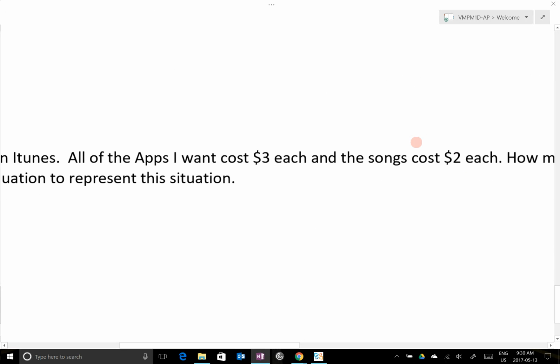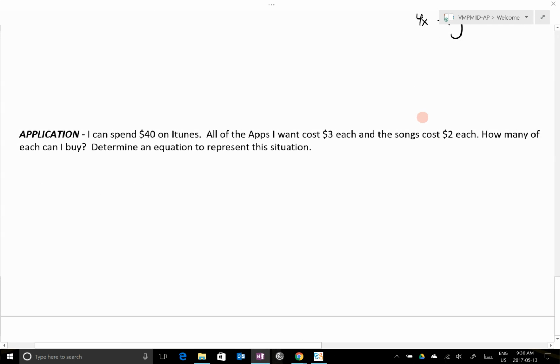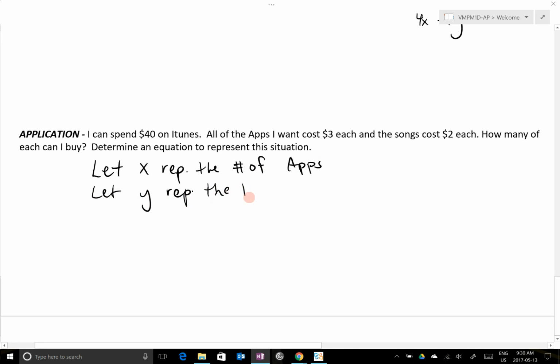Okay, little application question here. So I can spend $40 on iTunes. All the apps I want cost $3 each, and the songs cost $2 each. How many of each can I buy? And determine an equation to represent the situation. So let's use our variables. Let statements, guys. Don't forget the let statement. So let x represent the number of apps, and let y represent the number of songs.